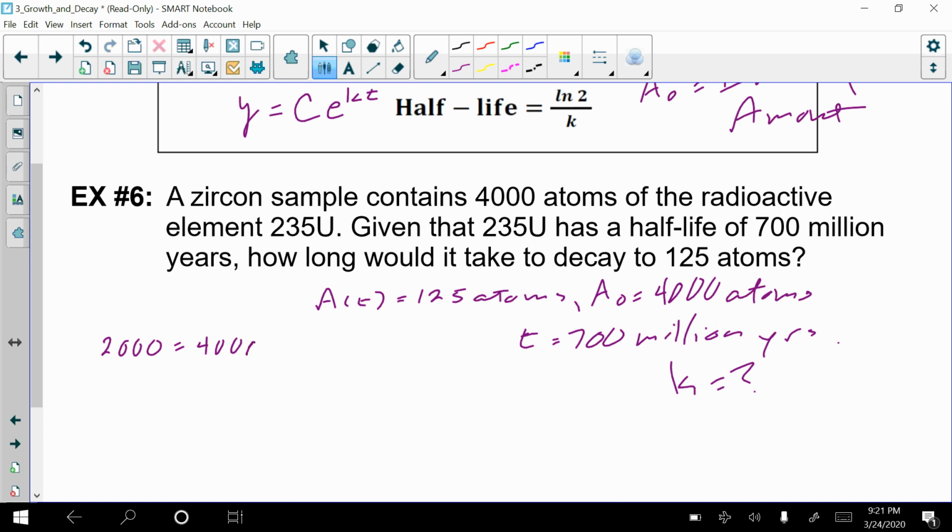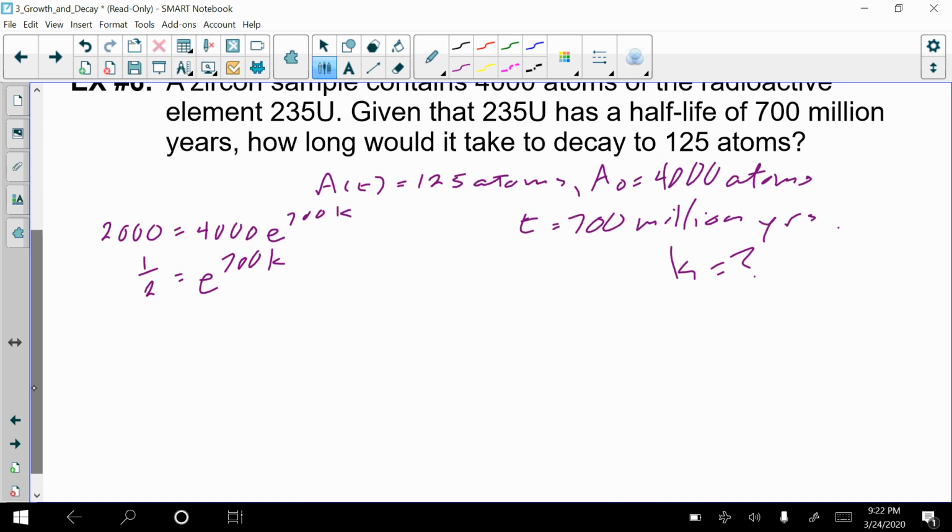That's half of what we started with initially, 4,000, times e to the k power, or let's actually put that the other way around, because I'm not going to write 700 million, I'm just going to write 700 for millions of years. So 700k. And so when we divide to begin with, we start with 1/2 is equal to e to the 700k power. And at this point, again, I really don't think we should be super surprised what's going to happen.